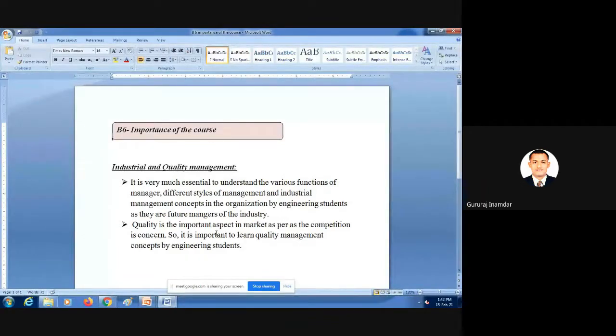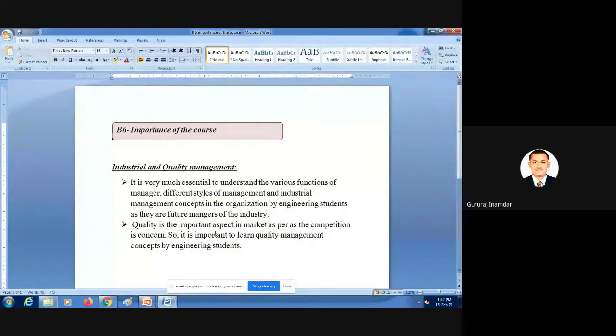This is the main motto of this syllabus. Industrial and quality management is essential to understand the various functions of a manager. The main aim of this subject is to understand the functions of a manager, different styles of management, and industrial management concepts in an organization, for the engineering student.